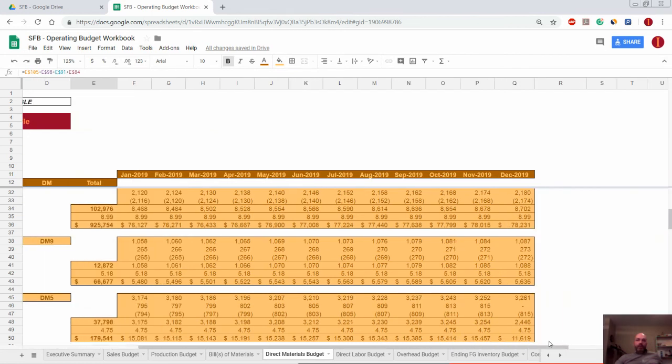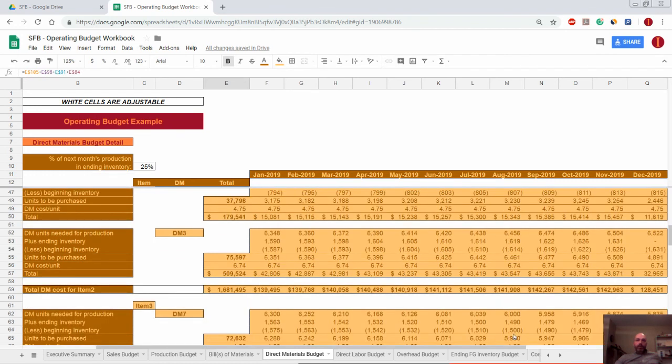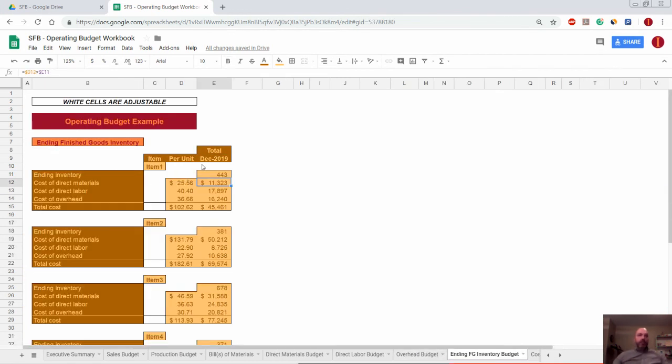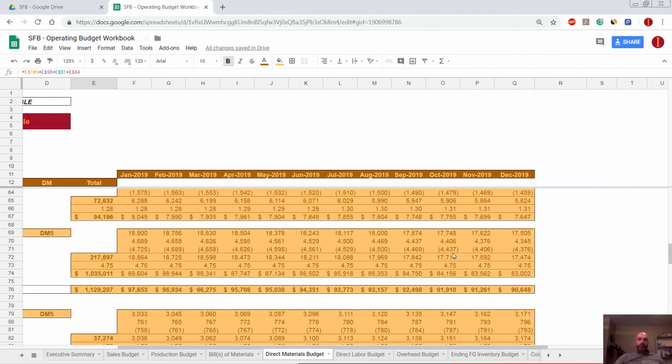Let me remind myself of that. Oh, okay, that's multiplying out our per unit. So 2556 is what I should be looking for, and that's somewhere here.